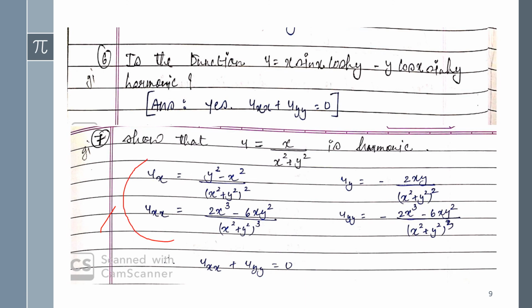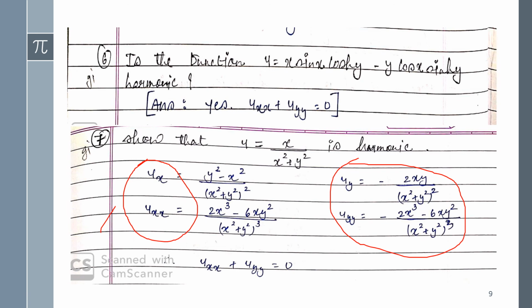For all these kinds of examples you always need to do the derivatives, and if they are done properly then definitely you can get the proper answer. Similarly you have to do it for y, so uy is the first derivative and uyy is the second derivative with respect to y only.